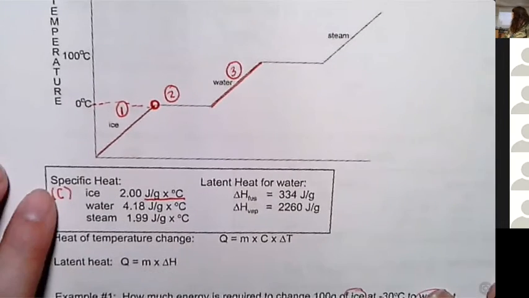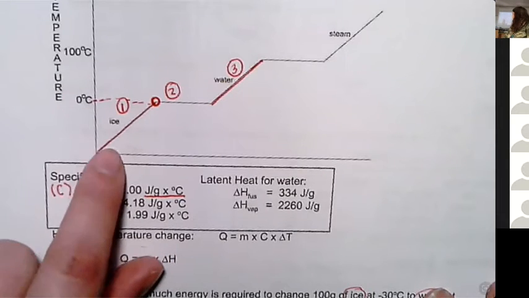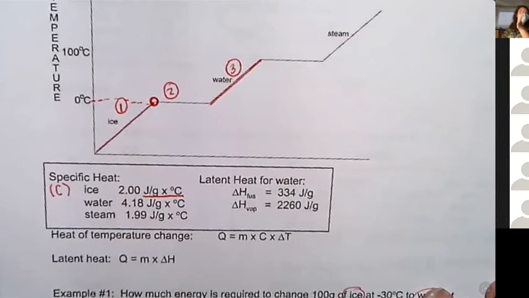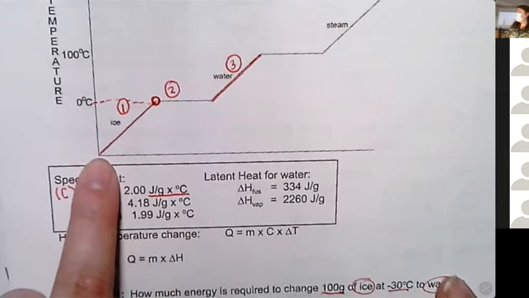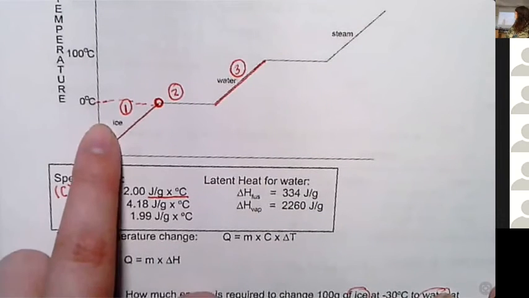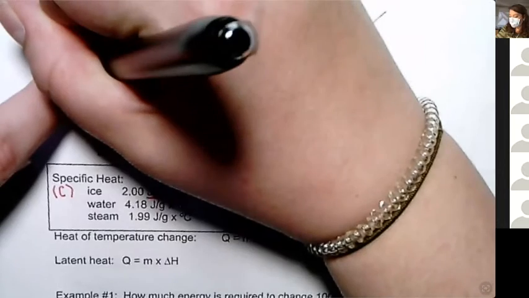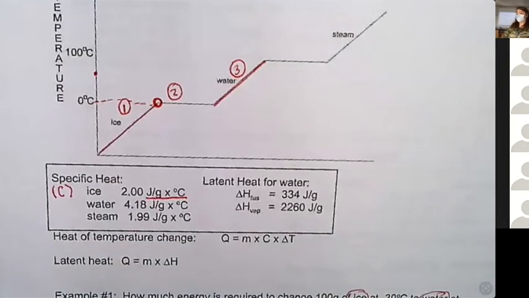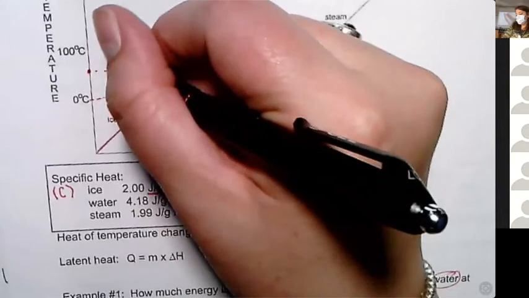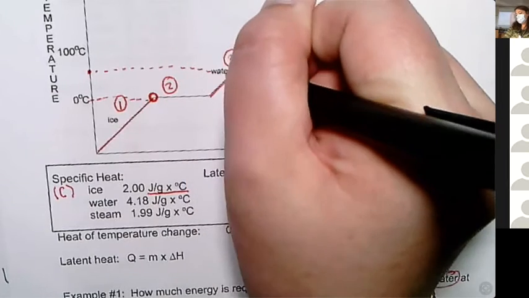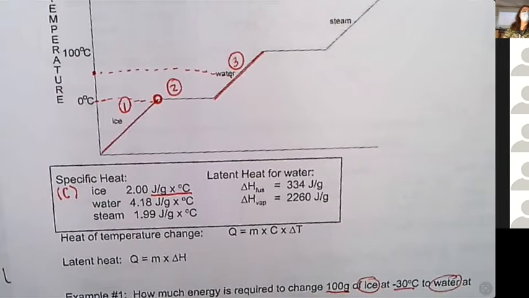Here's 0 degrees, that means negative 30 is somewhere down here. Doesn't really matter where. Now, if we go all the way up to 60 degrees, which would be about right here, if we follow this across, now we're not in ice anymore. We're in water. So we have to be careful.